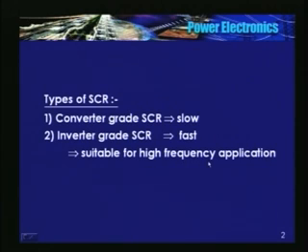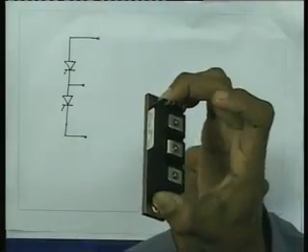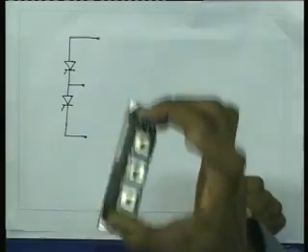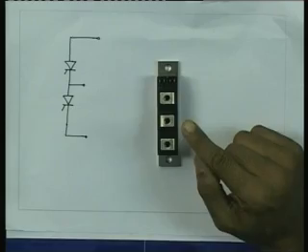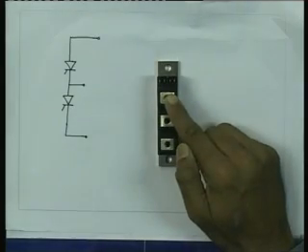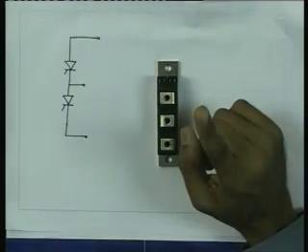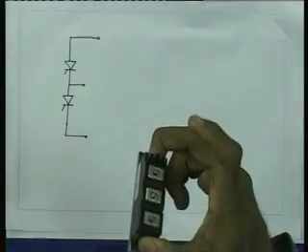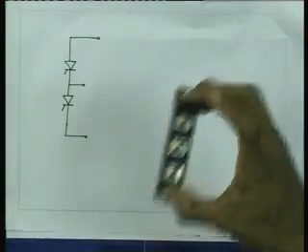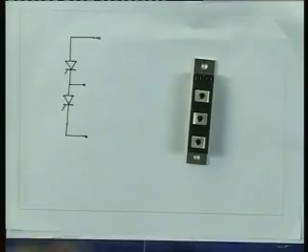So you see, here is a module that has 2 inverter grade thyristors. The rating of each thyristor is 45 ampere and voltage rating is 1200 volts. They are connected in this fashion.